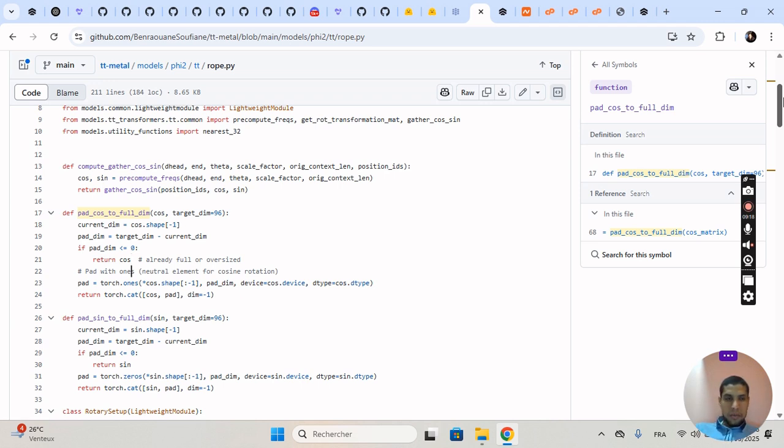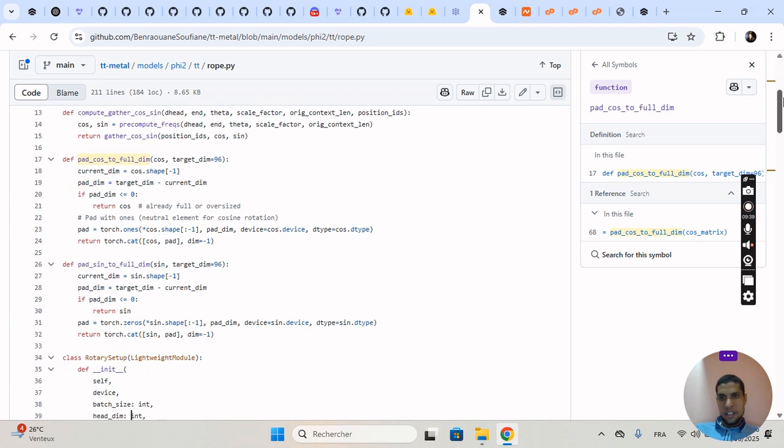As you can see here, I pad by 16, from 80 to 96. Anyway, this is what I'm talking about.